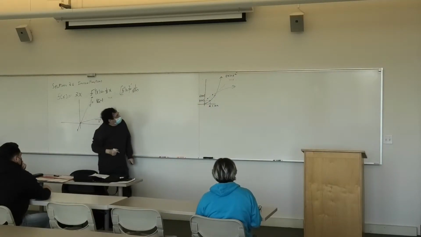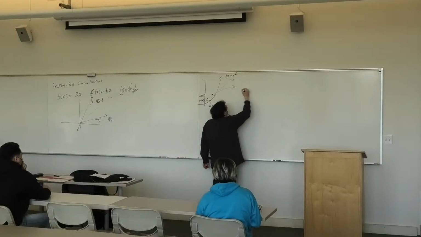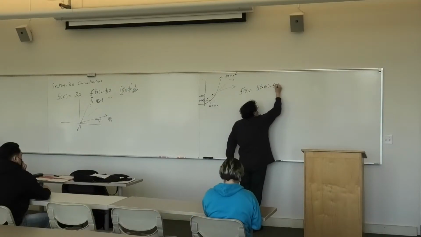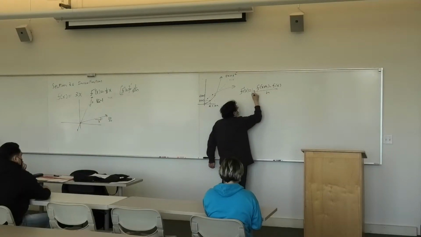So for f prime of x, of course, we have f of x plus h minus f of x over h, the limit as h approaches 0.